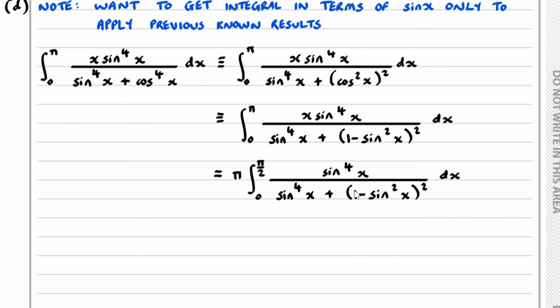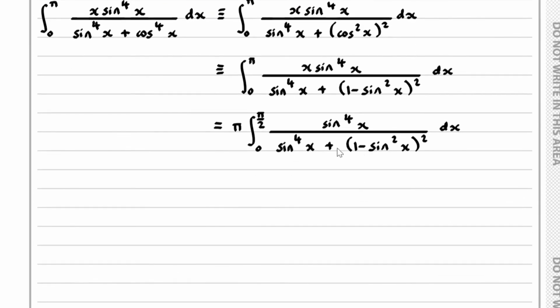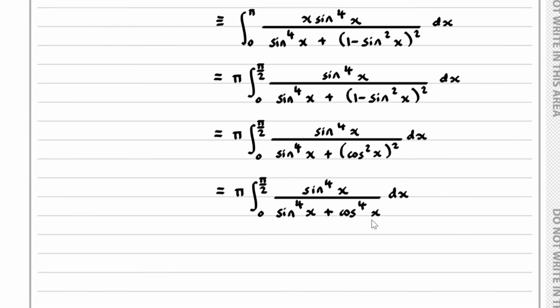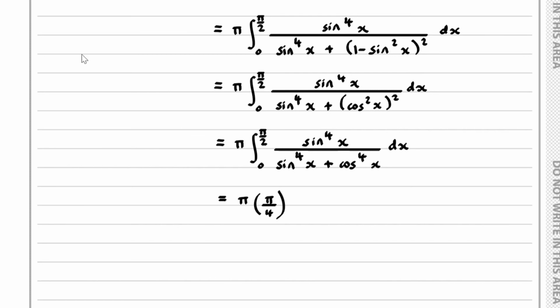So, if I replace the 1 minus sin squared with cos squared, as we see here, and then cos squared squared, that's cos to the 4, I've got here pi times pi over 4. So this was using the result from the second part of part A. And therefore, we end up with pi squared over 4.